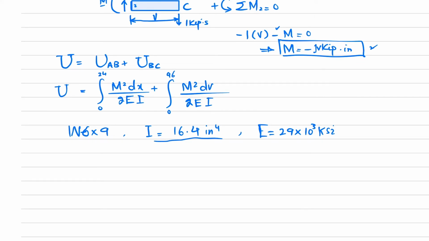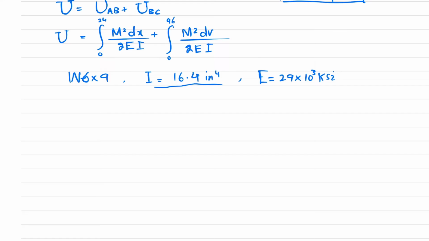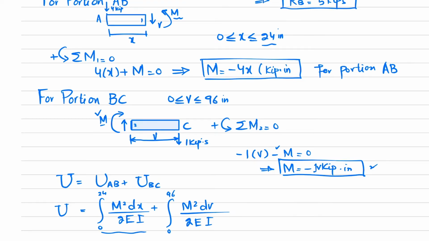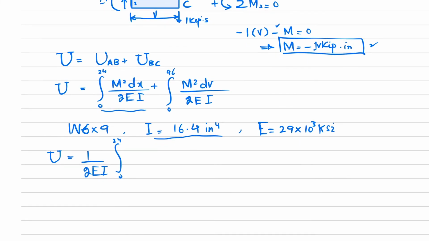Now you can move on and further simplify this. So U is equal to, if you take this term, 1 over 2EI integral of 0 to 24, and the moment was minus 4x, so it will be minus 4x whole squared into dx, plus the other one.